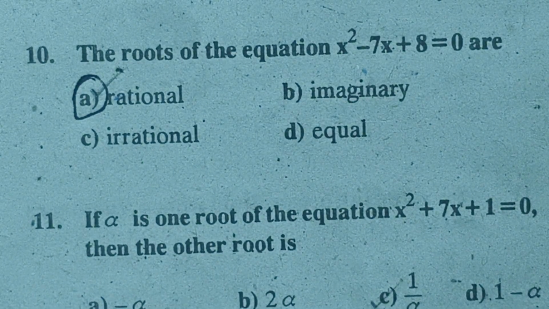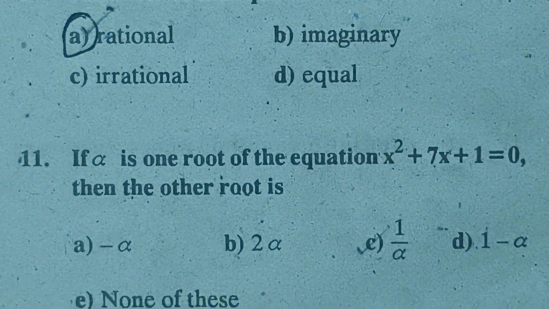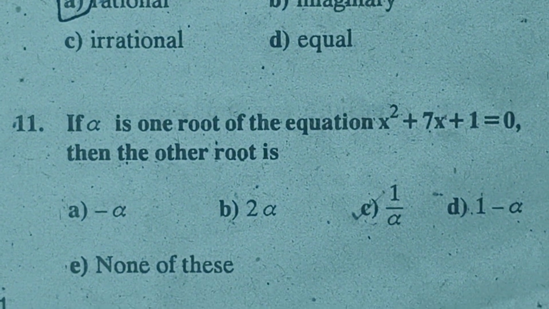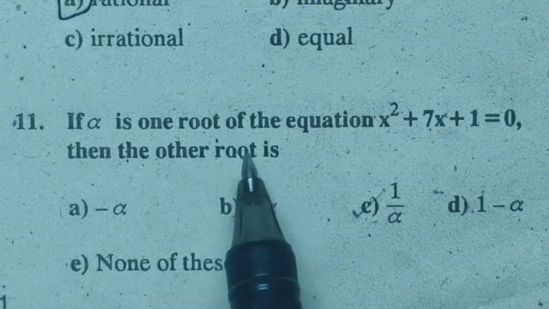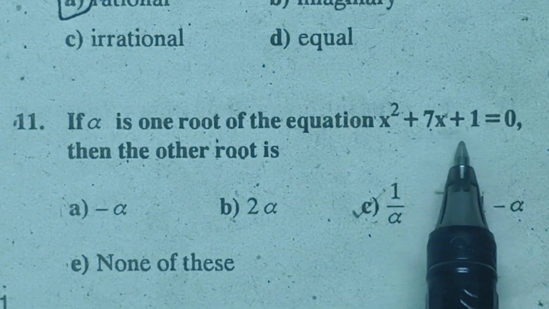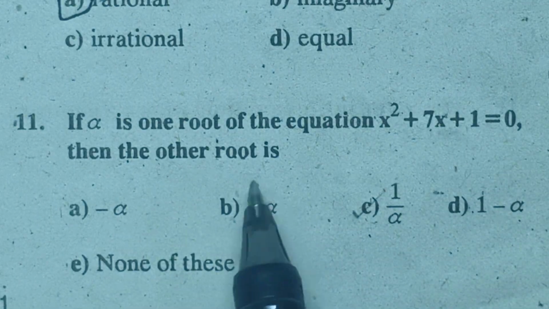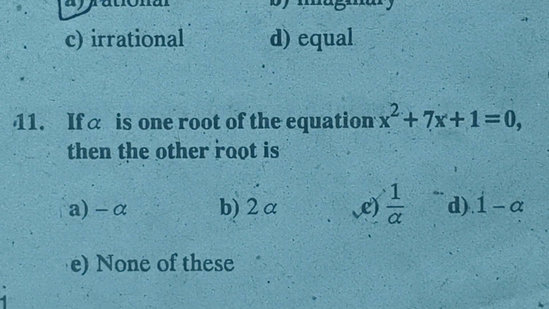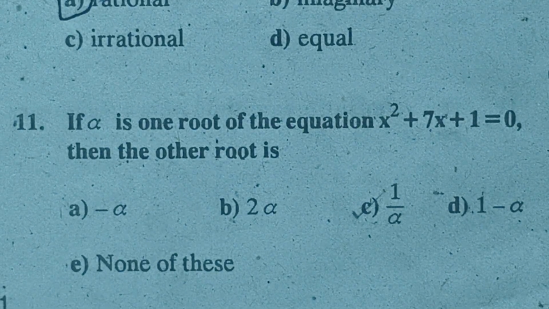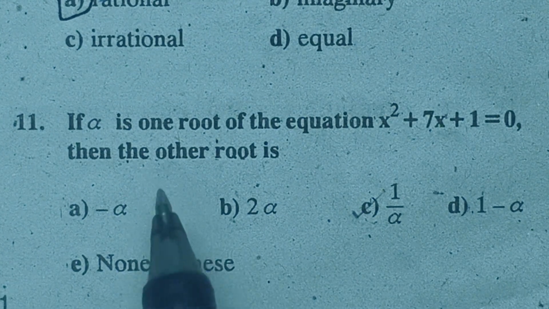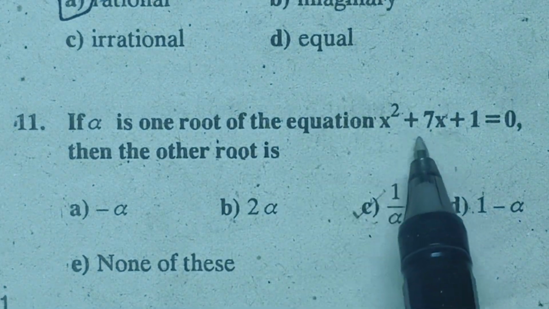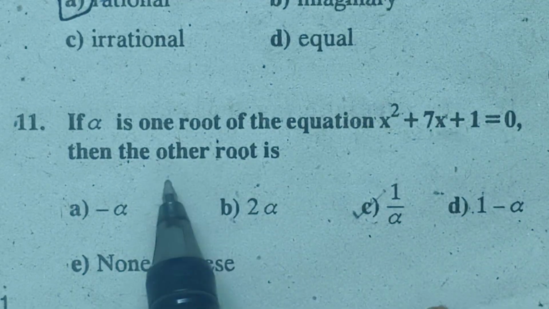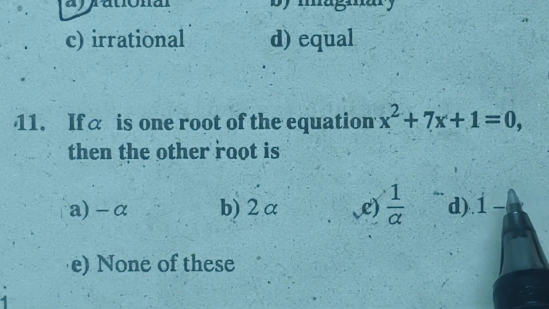Then the 11th question. If alpha is one root of the equation x squared plus 7x plus 1 is equal to 0, then the other root is?